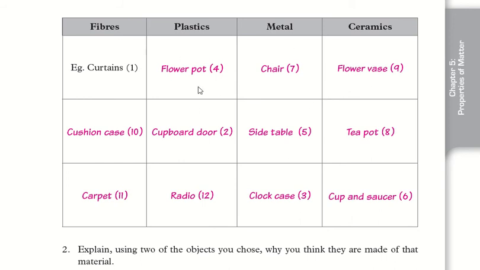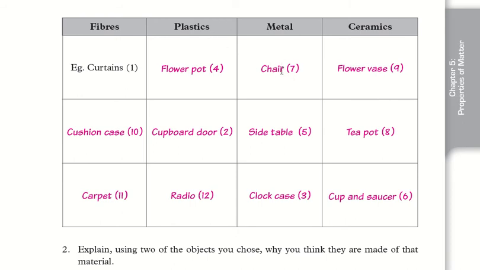Now I would expect some of you will have different answers, so this is what I think. For some of these answers, actually it can be classified under some other types of materials as well. So for example, your chair you can put it under plastic. I think that is fine as well.